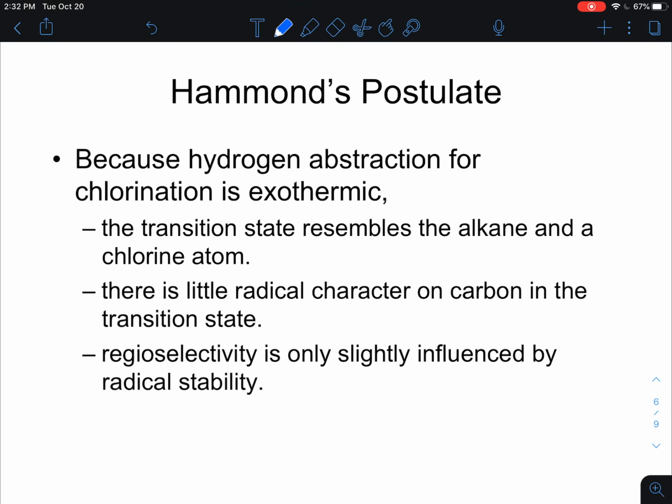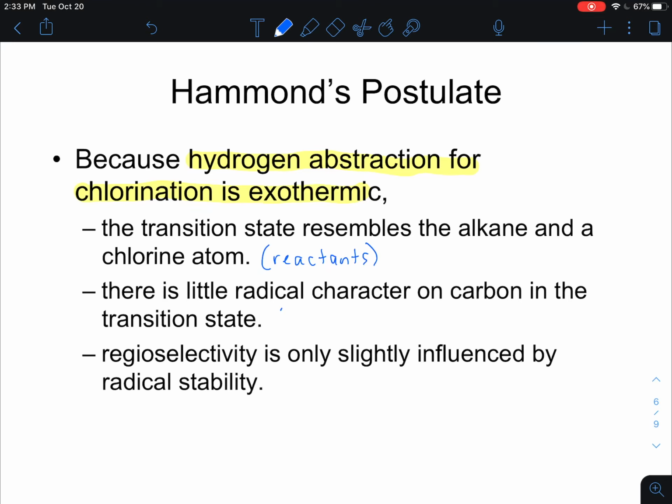Okay, so the next two slides kind of say what I just said, but let's read through them together to try to make sense of it. Because hydrogen abstraction for chlorination is exothermic, the transition state resembles the alkane and a chlorine atom. Those are the reactants. And there is little radical character on the carbon in the transition state because it doesn't look like the products.